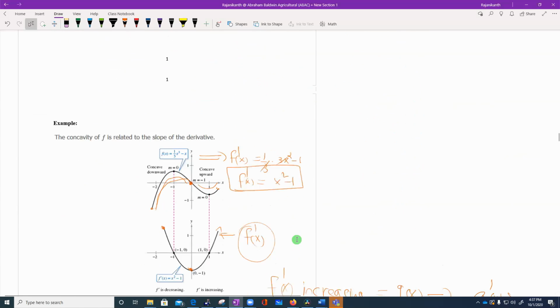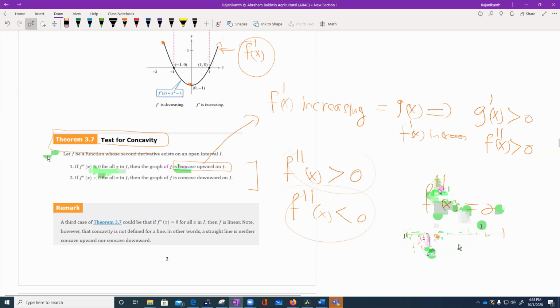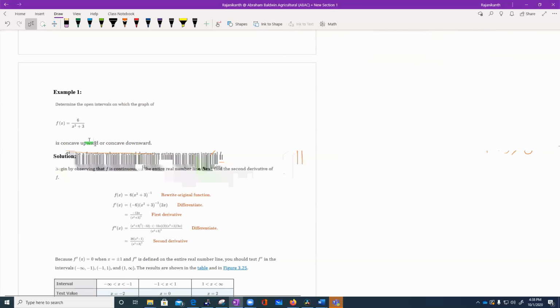In similar fashion here, I am now setting the second derivative as 0 and identifying the points where your entire domain is splitting into subintervals, right? So look for the points where the second derivative is 0. After that, you test the value of the second derivative, whether it is positive or negative. If it is positive, then concave up. If it is negative, it is concave down. That's it.